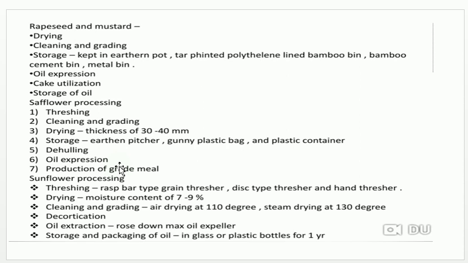After that, storage. Earthen pitcher, gunny bag, plastic bag and plastic container are generally used for storage of sunflower. After that, dehulling is carried out. After that, oil extraction is carried out, and finally production of grit meal.